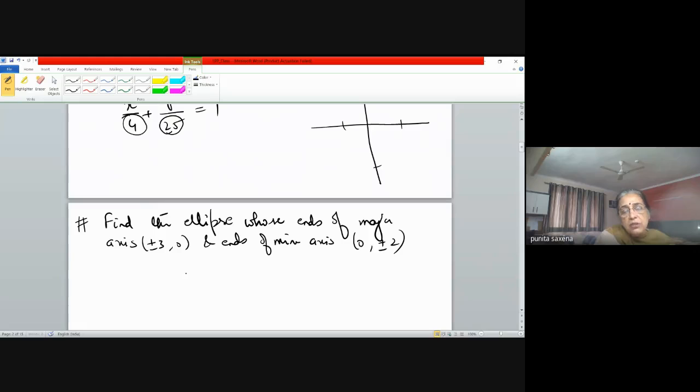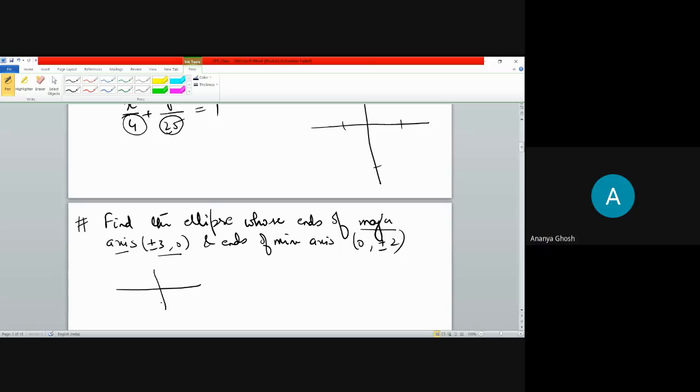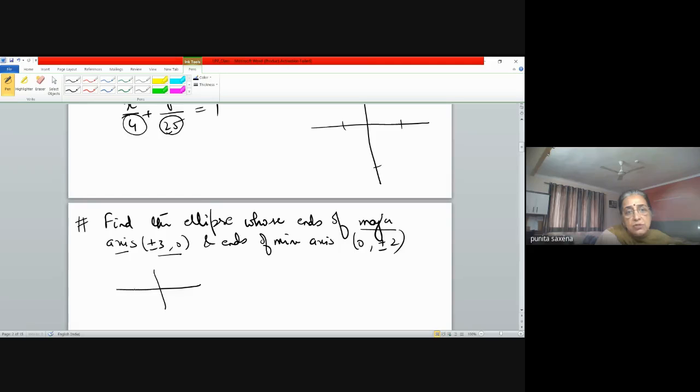Again, this is not tough. ठीक है ना? अब उसने कह ही दिया major axis is plus minus 30. Now plus minus 30 are the 2 points. Where would they lie? X axis या Y axis? X axis. तो एक यहाँ पे, एक यहाँ पे, ठीक है ना? And minor axis में plus minus 2.